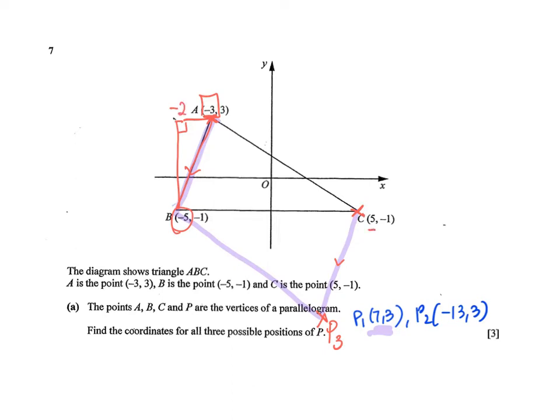So for 5, to get to the point P, I also need to subtract 2 units. So this point P3, the coordinates will be 5 minus 2, comma, which gives me the number 3. So this number is 3.